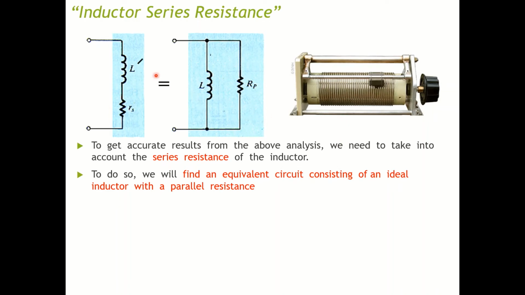So here, if I have my inductor consisting of the raw inductance and a series resistance, I can have an equivalent circuit of an ideal inductor with a parallel resistance.